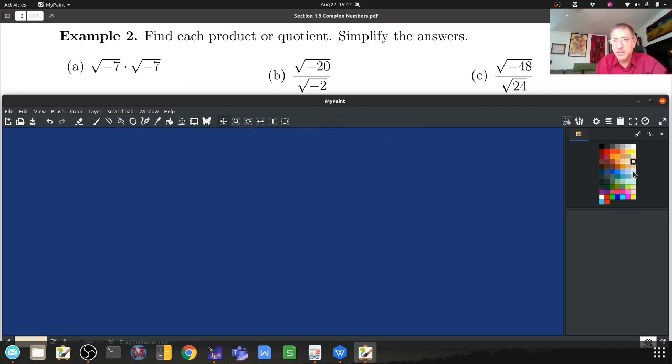Now b looks a lot harder than it really is. Because remember, when you divide something, you're really just multiplying.